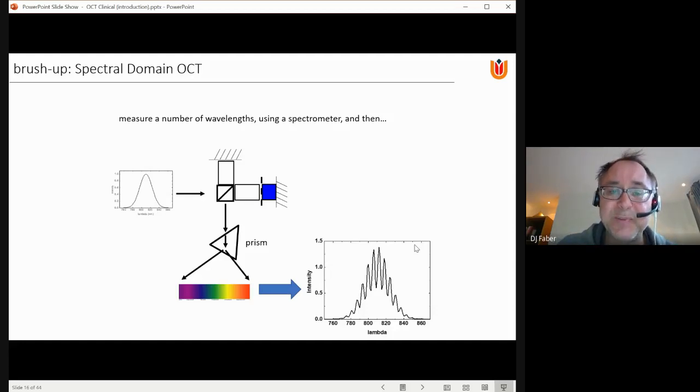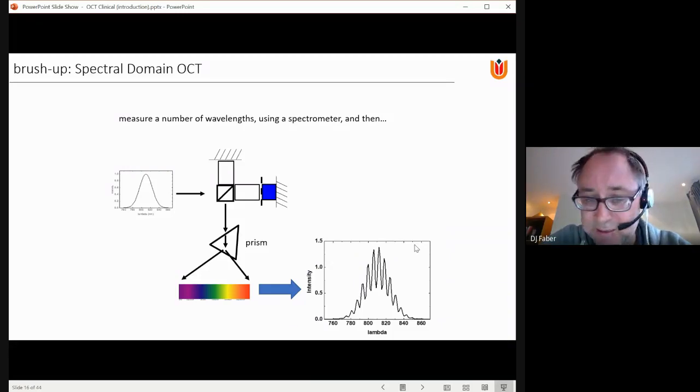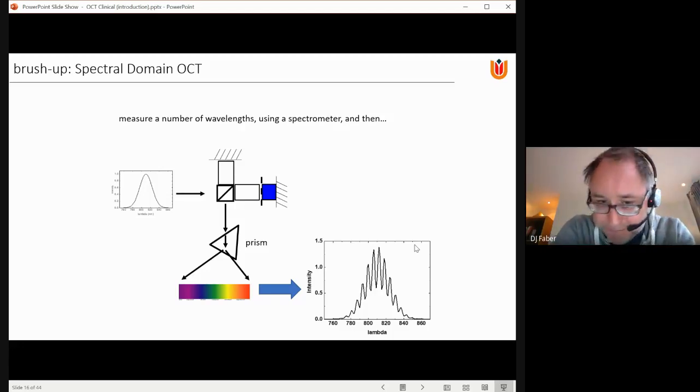You still use a spectrum with a lot of bandwidth, but now on the detector side you use a prism or a grating to split the bandwidth of that laser into multiple subbands. Each of these subbands is detected with its own detector, so you put a CCD camera at the output of the prism, and you measure this spectrum.